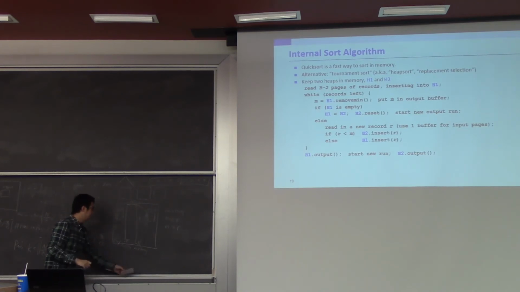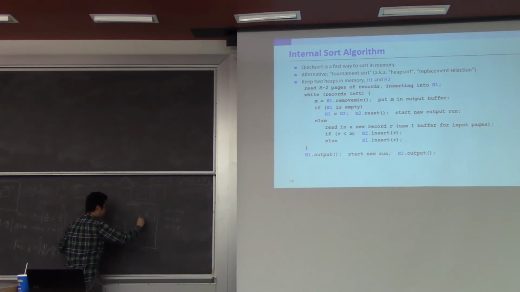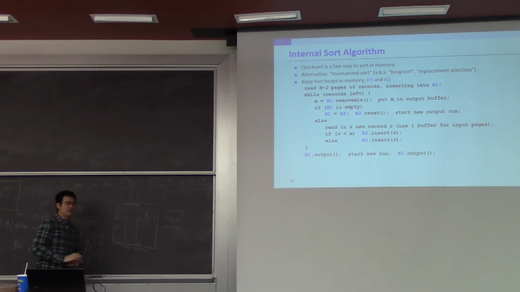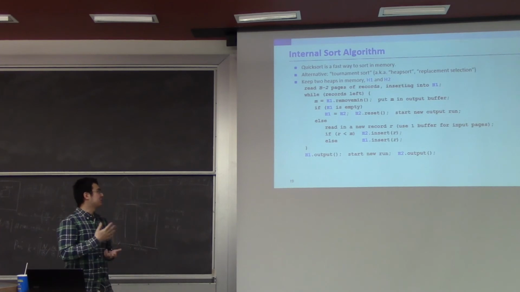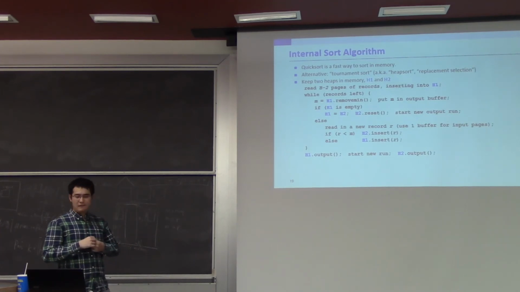Once you have depleted H1 at some point, now the whole memory is H2, and your H1 has size 0. You finish the current run and you start a new run, and make H2 the H1. Is that clear or is it confusing? Yeah.